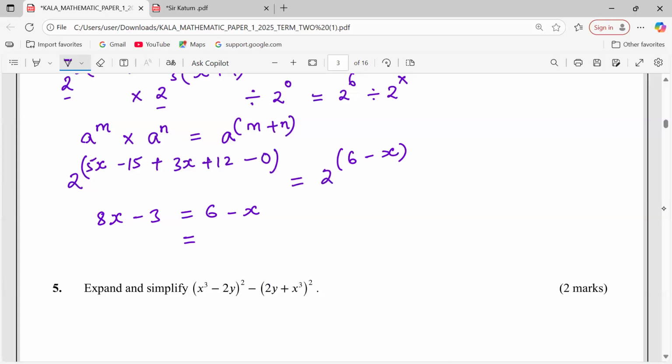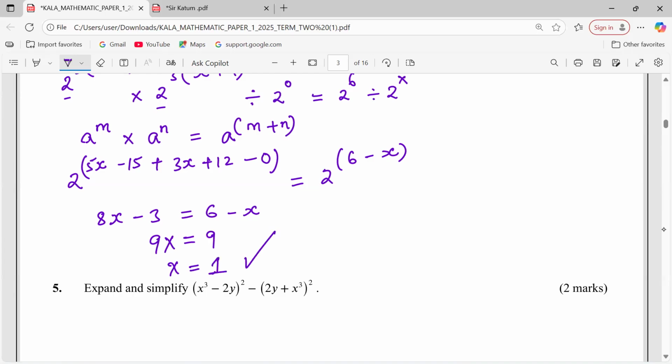Negative x goes across, and the 6 becomes positive, giving positive 9. On the other side, we add x to get 9x, so that the value of x becomes absolutely 1.